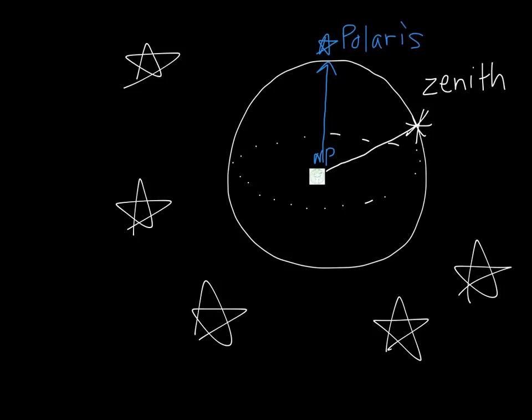The star of Polaris has a zenith that stays pretty much consistently directly above the North Pole, and that's year long. And that's why it's known as the North Star, and why sailors for years, for thousands of years, have used it to navigate because of its kind of consistent position.